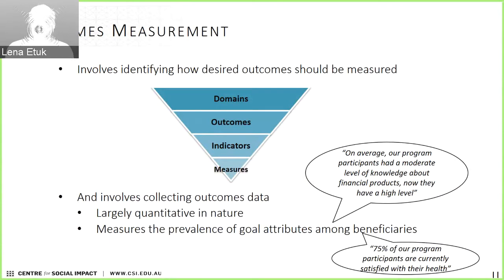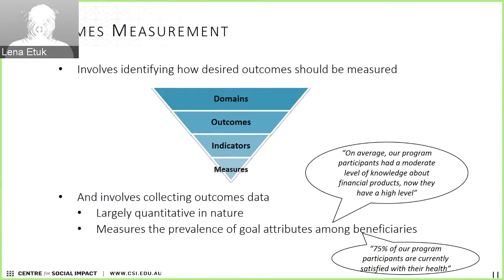There is room for qualitative work in terms of understanding how particular outcomes are occurring, what the contextual factors are that are contributing to those outcomes, and you may even want to consider whether some outcomes are actually qualitative in nature as well. But for the purpose of today's discussion, let's focus mostly on those quantitative outcomes, in particular because it measures the prevalence of particular goal attributes among beneficiaries.